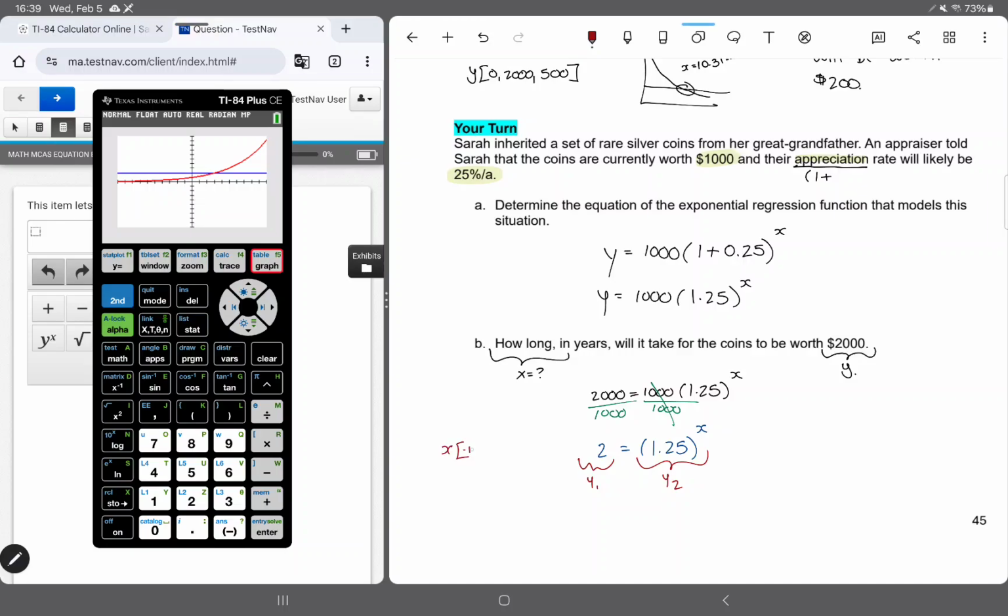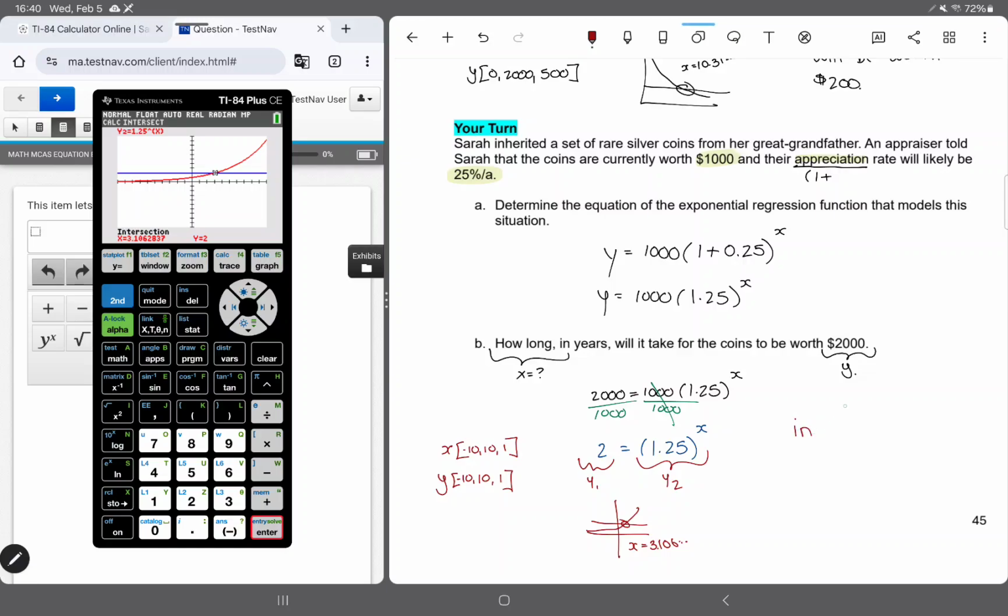So my x is -10, 10, 1, and my y is -10, 10, 1. So I'm going to go second calc, 5, enter, enter, enter. Oh yes, make our doodle. There, x equals 3.106.